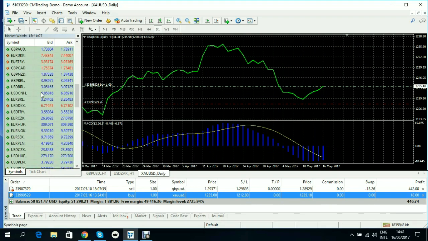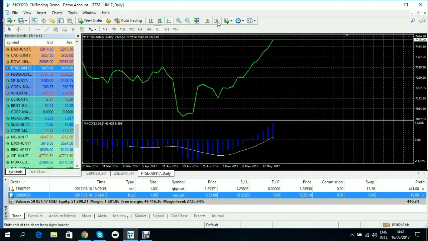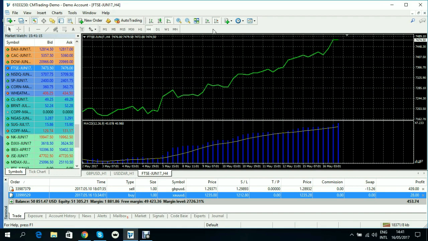It works the same way. So you can see this is the fetch 100, and you can see that the trend is buying, and the MACD bars and the signal are also going up, and they are above the zero zone.